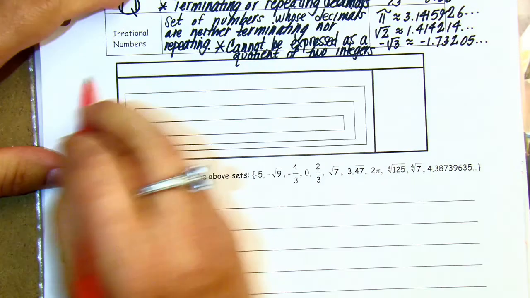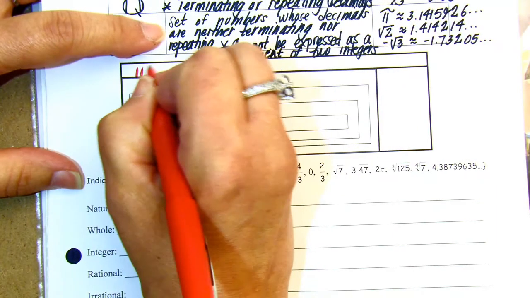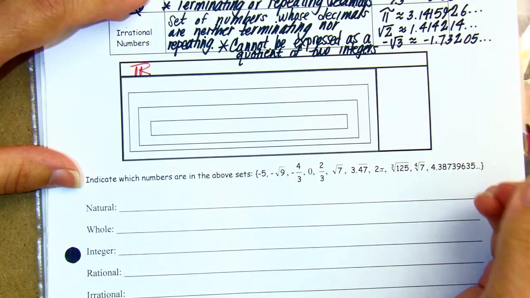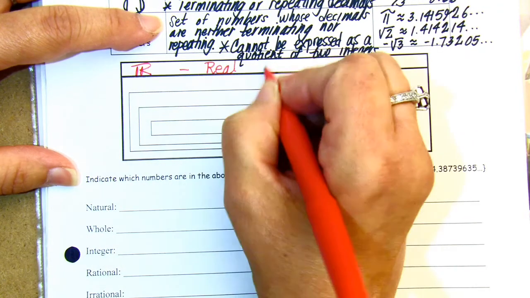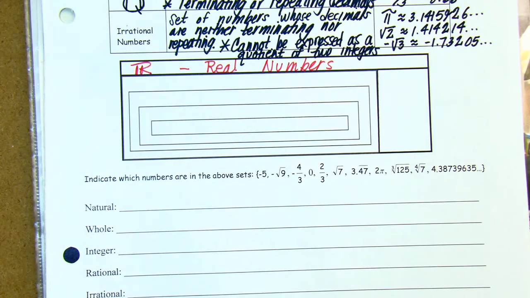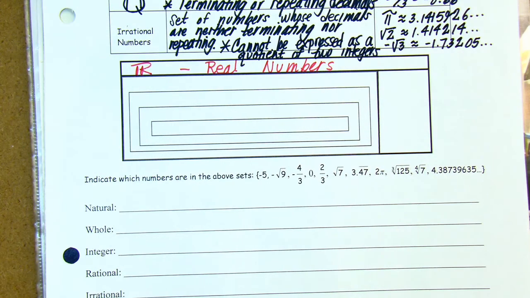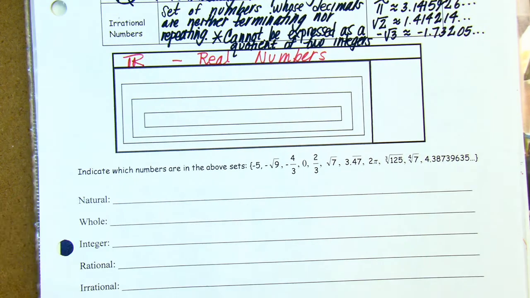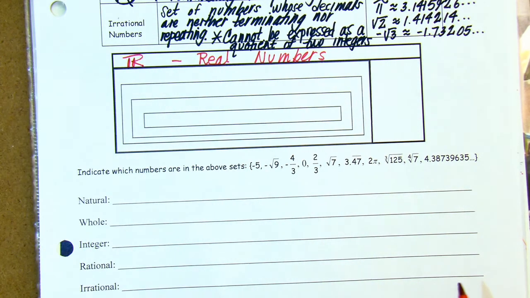Now this whole big giant box right here is the double bar R. See that double bar R? This means real numbers. So all the numbers in this whole big giant rectangle are real numbers. They can be found somewhere on the real number line. Our largest set, if you've noticed, is our rational numbers.